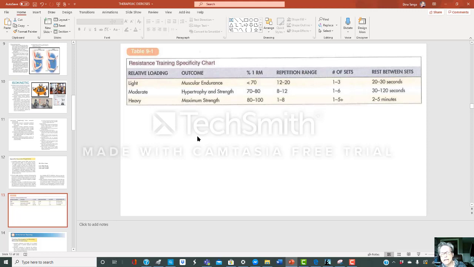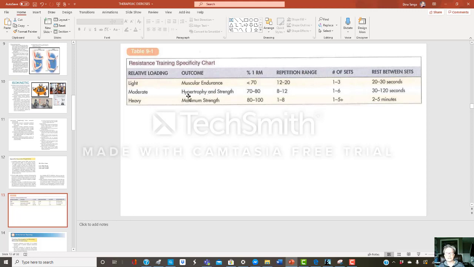If you're going for maximal strength, you would do 80 to 100% of your 1 rep max. That would be heavy loading. Rep range would be 1 to 8. And then number of sets would be 1 to 5. And you would take 2 to 5 minutes in between your sets.